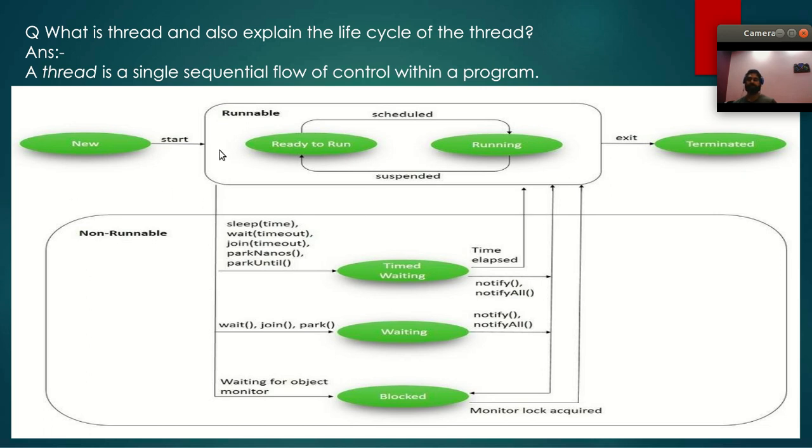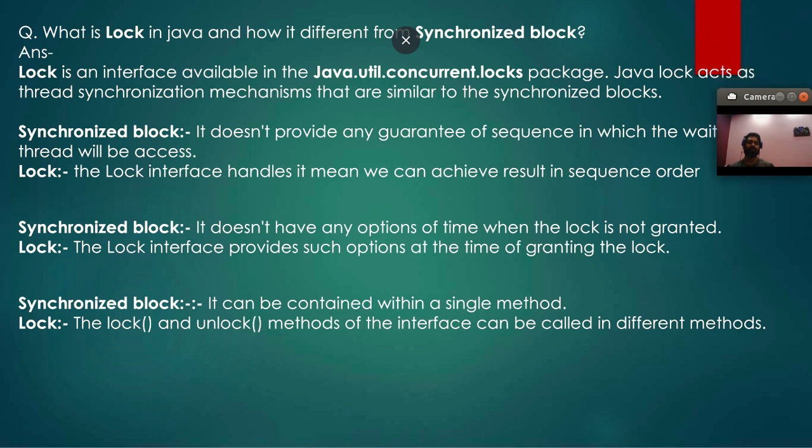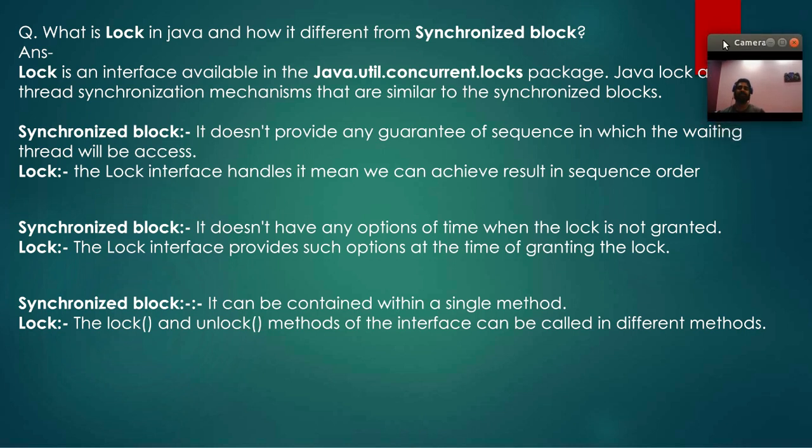So the next question he was asked: what is a lock in Java, and how is it different from a synchronized block? Basically, Lock is an interface available in the java.util.concurrent.locks package, and a Java lock acts as a thread synchronization mechanism similar to the synchronized block.